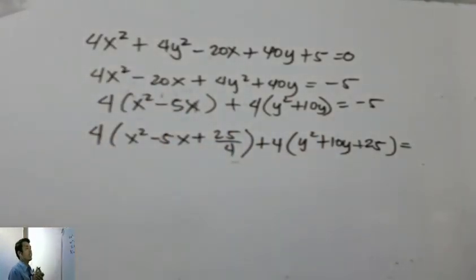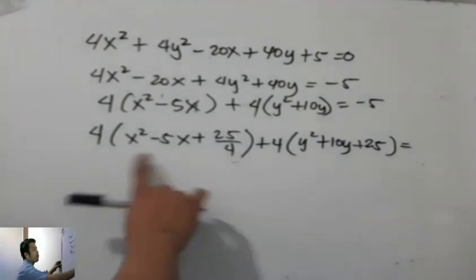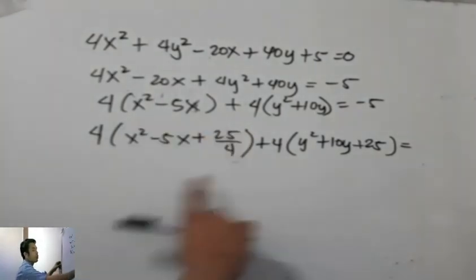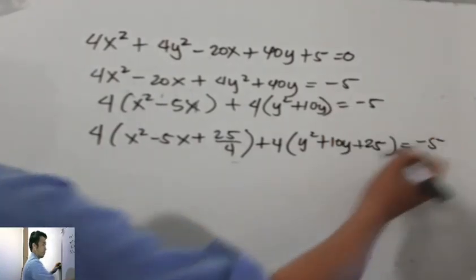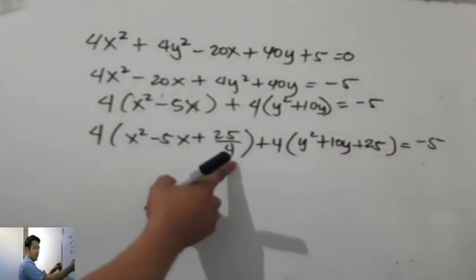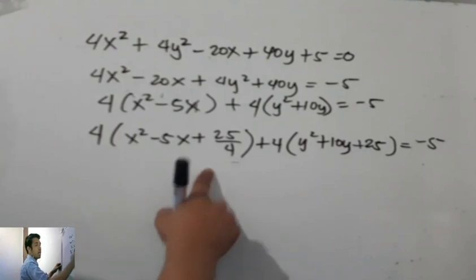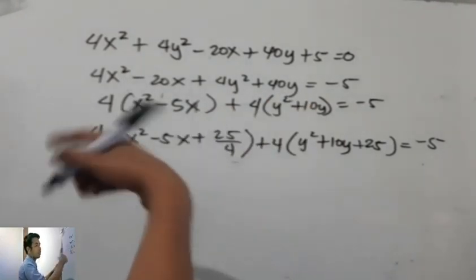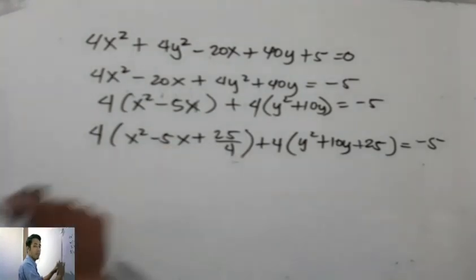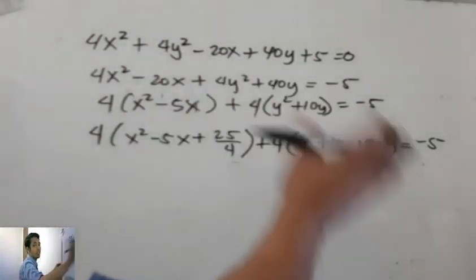After that, what are we going to do? Since we have completed the square for both variables x and y, what you added to the left side must also be added to the right side.